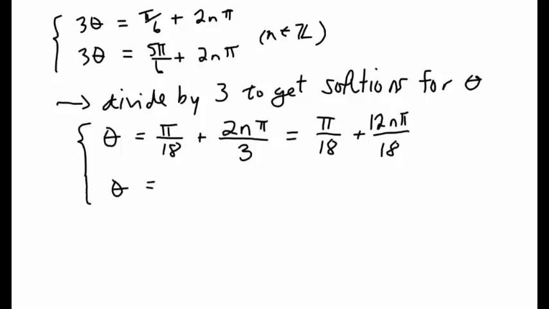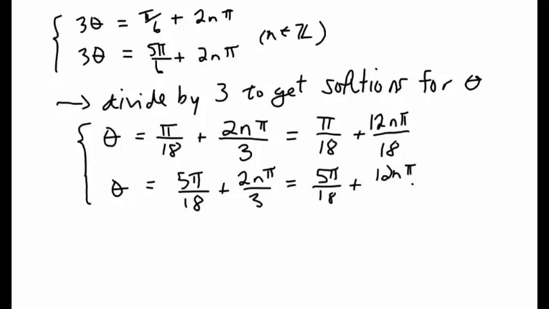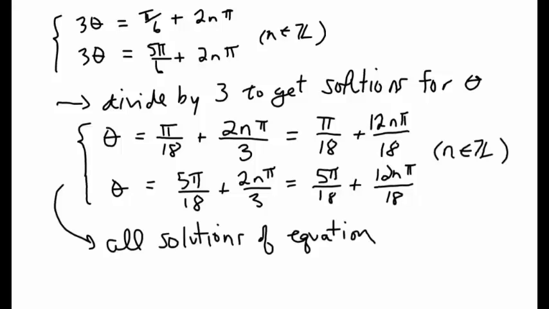Now let's work on our second equation. Dividing by 3 is going to give us 5 pi over 18 plus 2n pi over 3. And again, we can convert this to 5 pi over 18 plus 12n pi over 18. These two equations give us all solutions of our original equation.